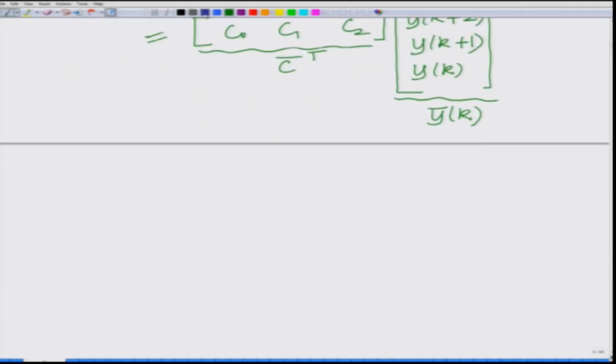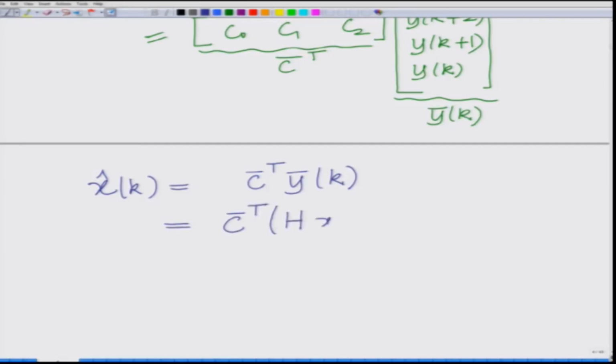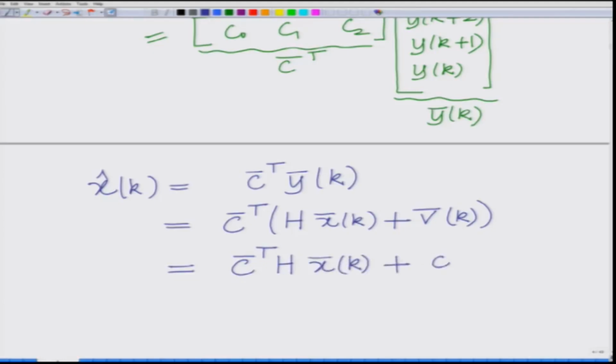So the equalized symbol x hat k equals C bar transpose y bar k, and now substituting the expression for y bar k, which is equal to H times x bar k plus v bar k, removing the brackets I have C bar transpose H times x bar k plus C bar transpose v bar k.